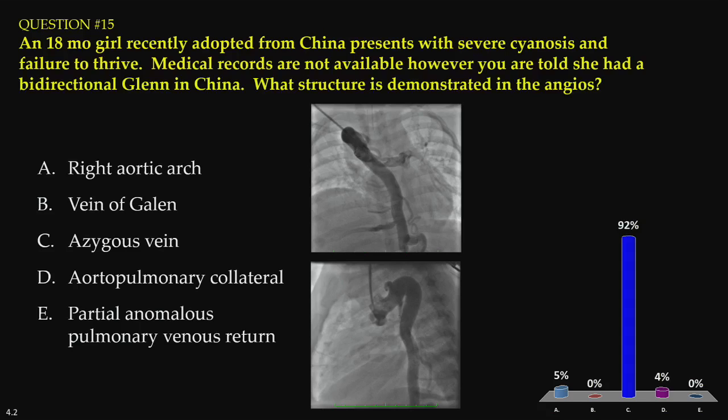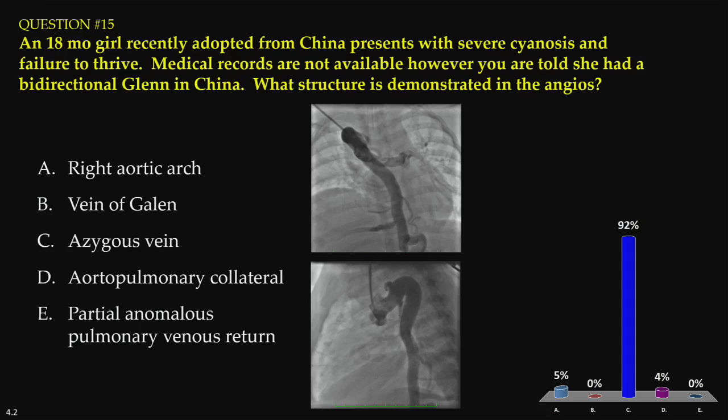But again, the azygous vein comes off the SVC, and should it be there after a Glenn? Absolutely not, right? So you've basically separated the SVC from the right atrium in the Glenn and sewed it to the pulmonary arteries.